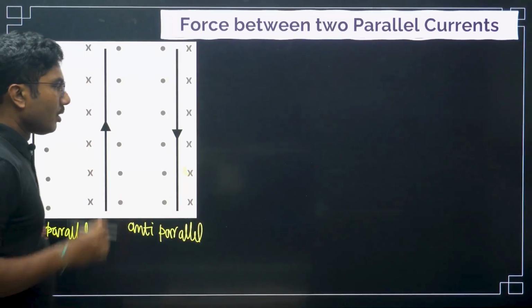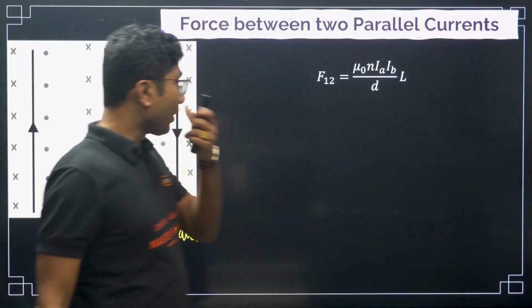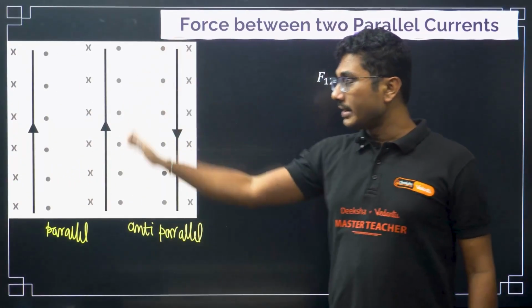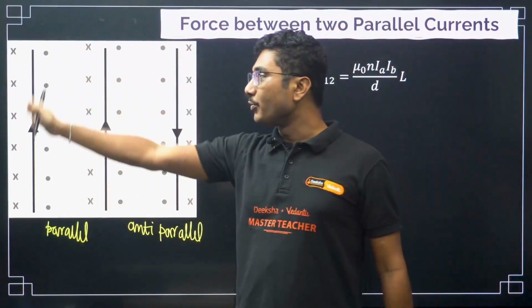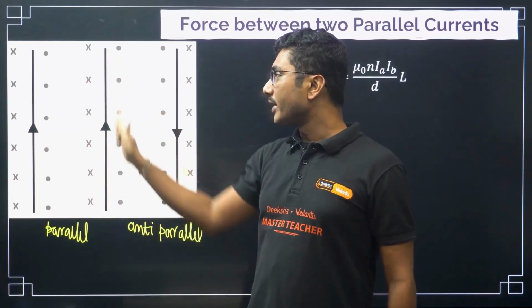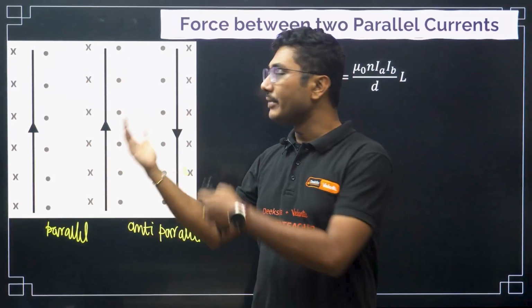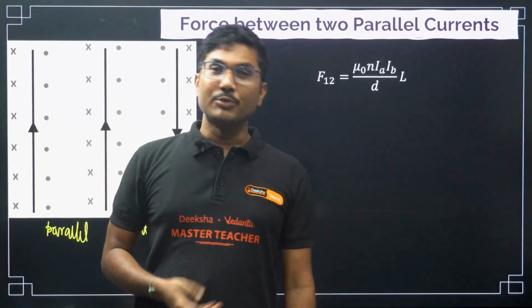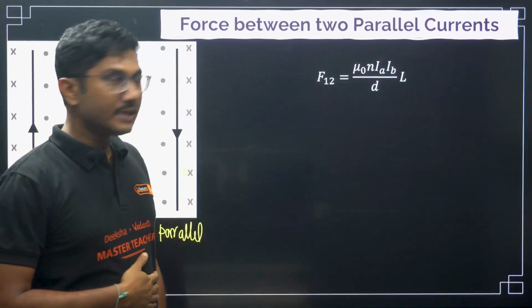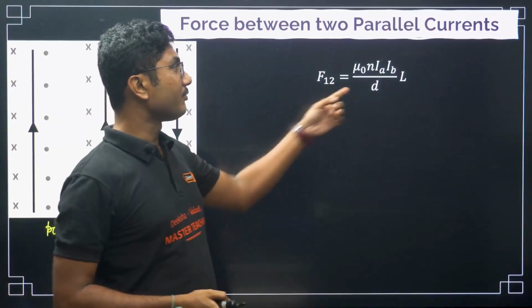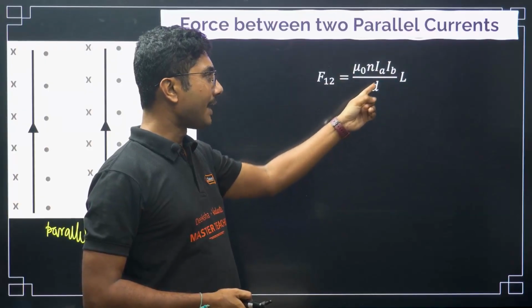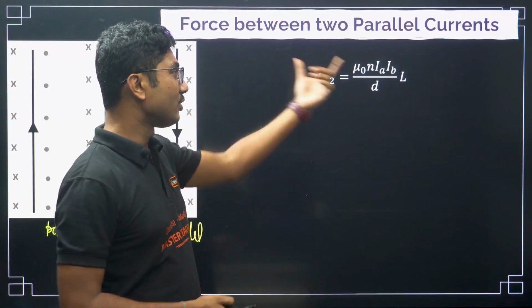So first of all, for the force between these two current carrying wires, this wire will produce a magnetic field, this wire will also produce a magnetic field, and they will interact, and because of that there will be a mutual force between these two wires. The expression for the force is given by mu naught Ia Ib by 2 pi d into L. So this is the total force.